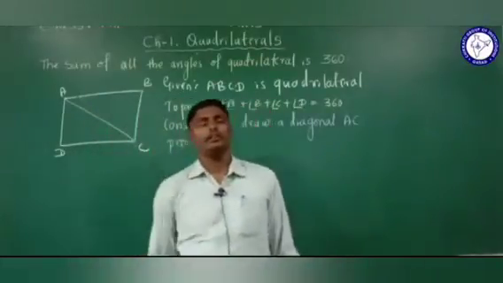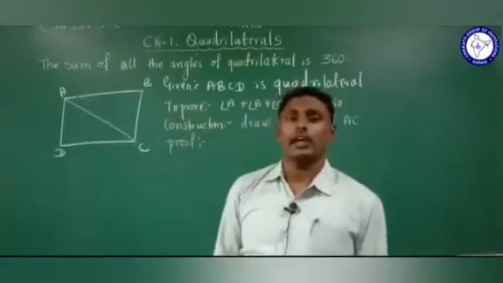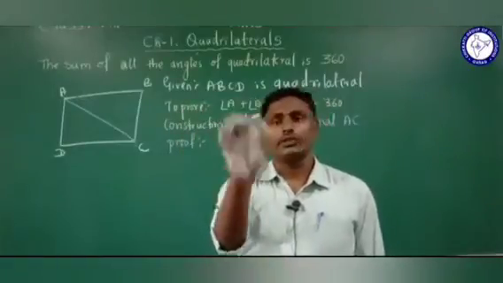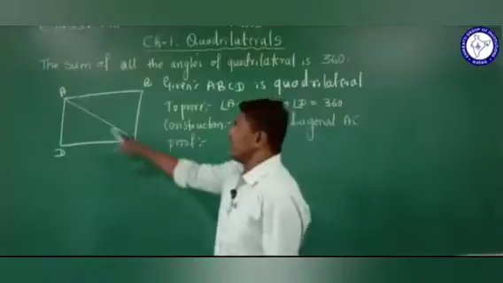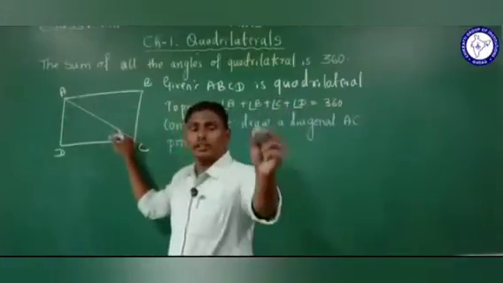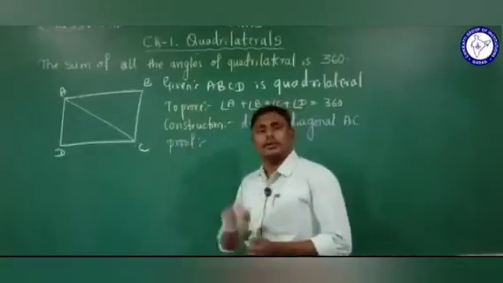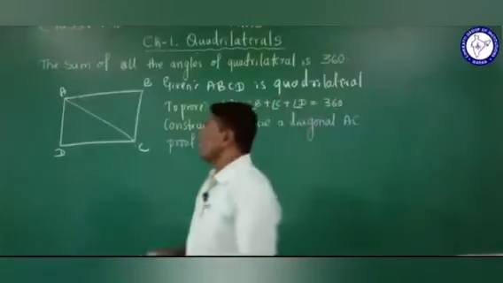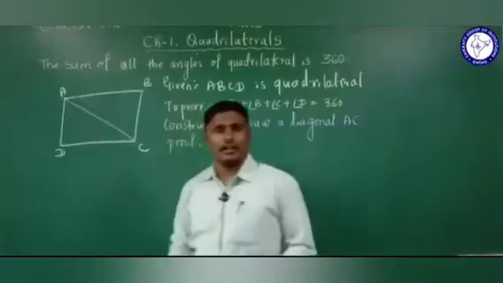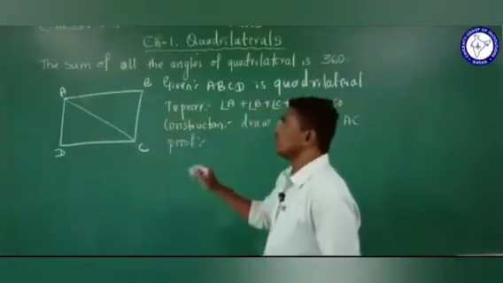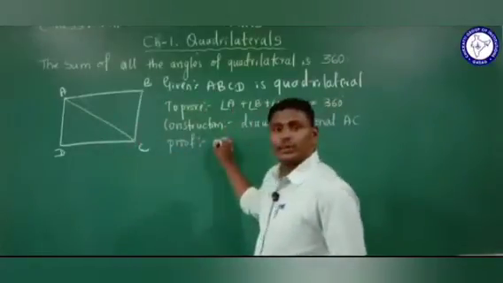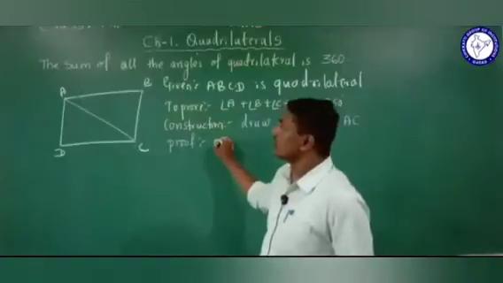You already know the interior angle sum of a triangle is always equal to 180 degrees. When we draw one diagonal in a quadrilateral, it is divided into two parts and each part is a triangle, right? So what are the two triangles here?